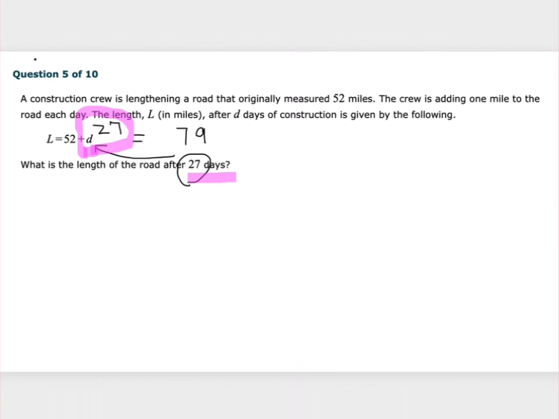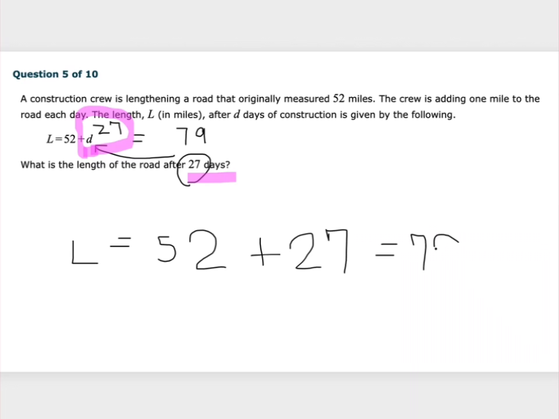So we're going to end up with L equals 52 plus D, which is 27. When we add those together, we get 79. So the road is now going to be 79 miles long because they're doing a mile a day of construction.